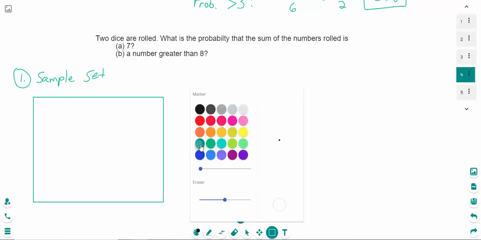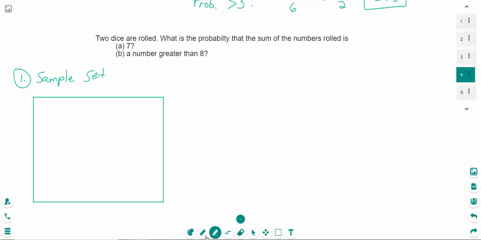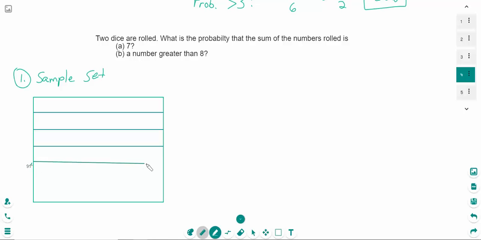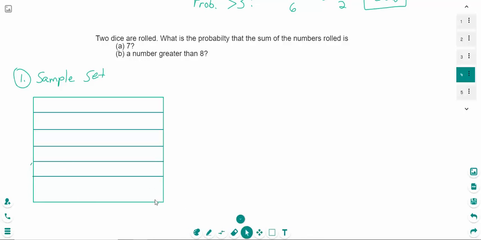And actually, let's see if I can't just make this a little nicer. Something like this, maybe. And something like this. To try to make a little graph here, or a chart.